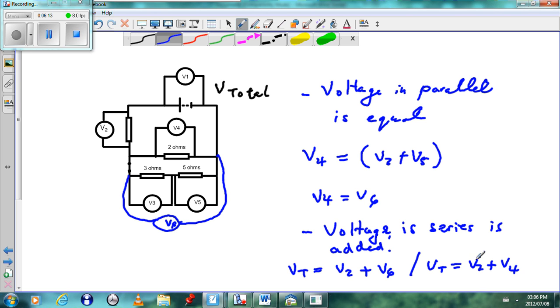So here we see that if for example we take numbers and V total was 12 volts and V2 was 4 volts, then V4 will have to be 8 volts, because 8 plus 4 will give us 12, and V6 will have to be 8 volts. And if for example V3 was 3 volts, then V5 will have to be 5 volts in order to give us 8 volts.